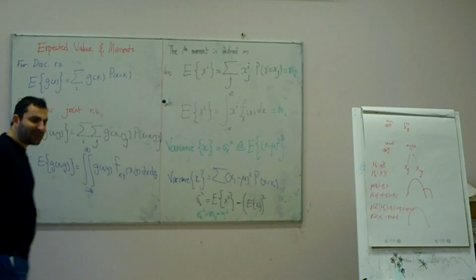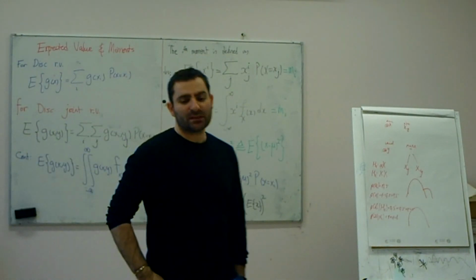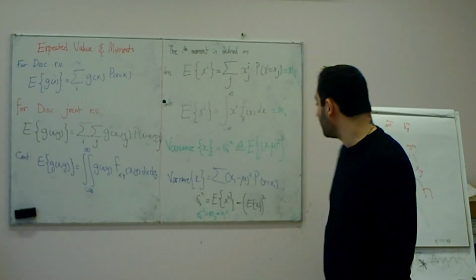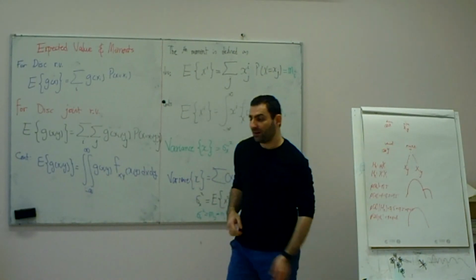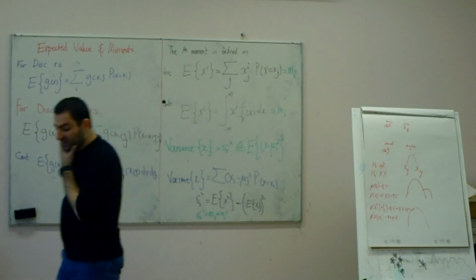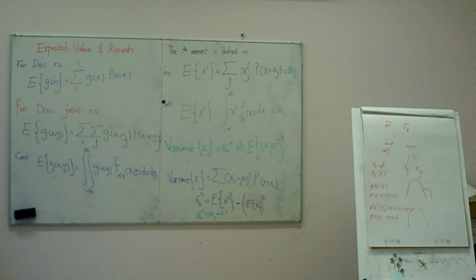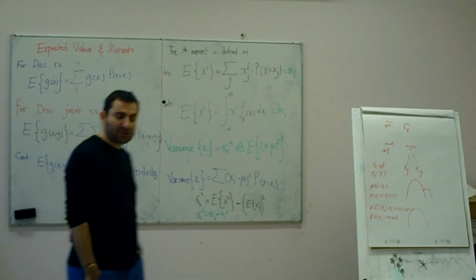Now, expected value is important because by using it, as you can see, we can calculate the variance, we can calculate the mean, we can define the moments, and we can define something called the correlation coefficient, which we will talk about in tomorrow's lecture.